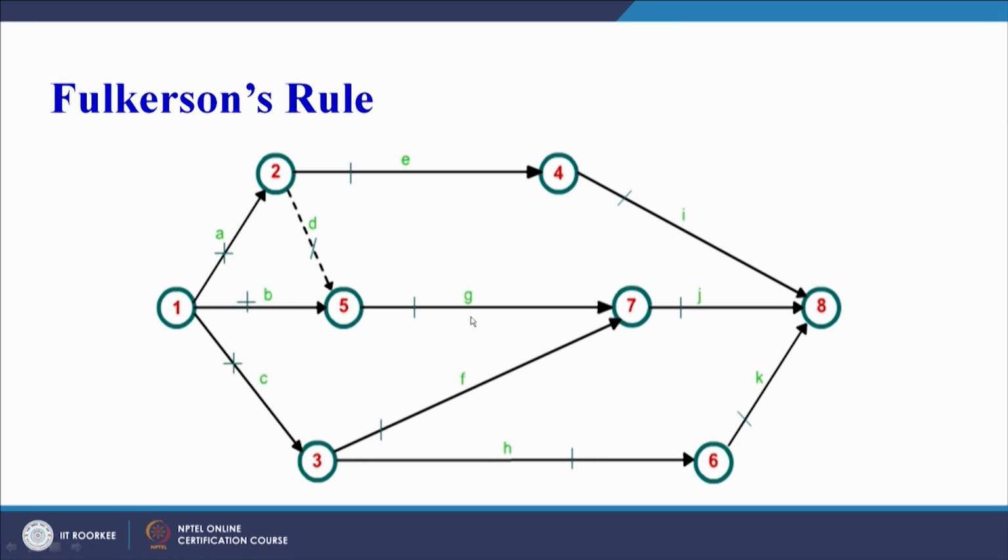From 5, G is coming out, and from 3, F and H are coming out. Even after deleting activity B, D is still there. So A, B and C go in the first step, and we get 2 and 3 here.